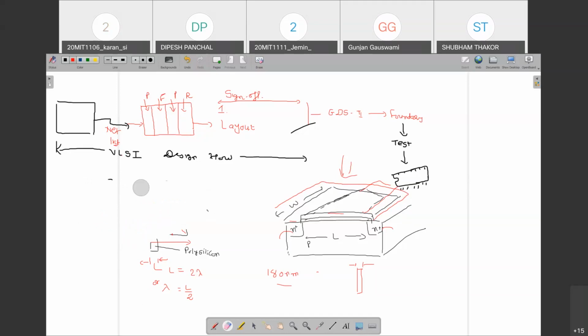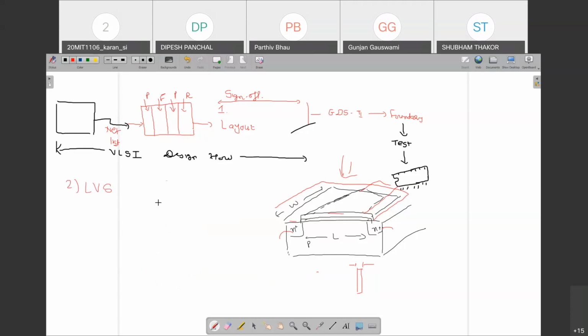Next, we go to a very important step called LVS. Does anyone know the full name? LVS. Layout versus schematic. Yes, Parthiv, I know that you have answered. So layout versus schematic is a very important step.